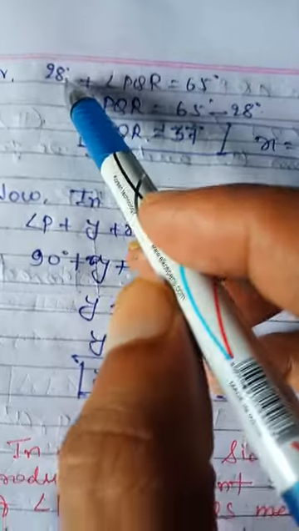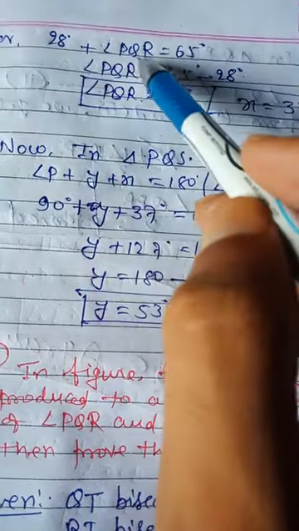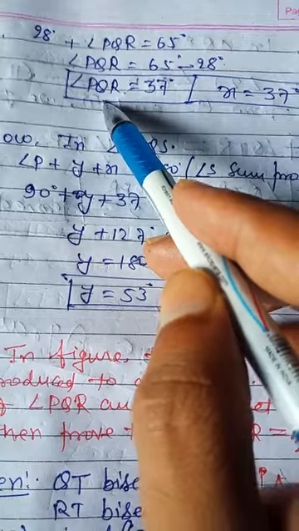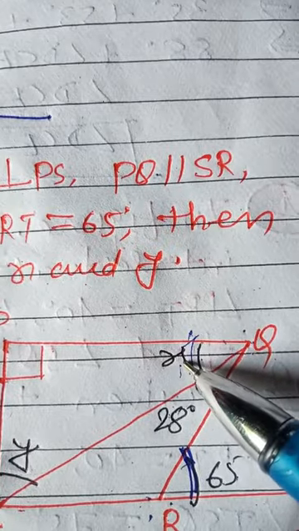We put the value of angle SQR, 28 degrees, plus PQR, and we find the value of angle PQR. That is the value of angle x. So the required value of angle x is 37 degrees.